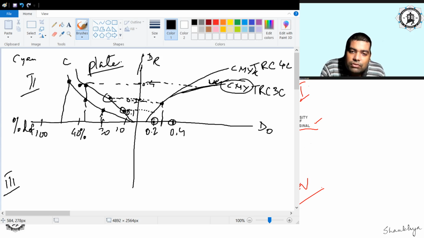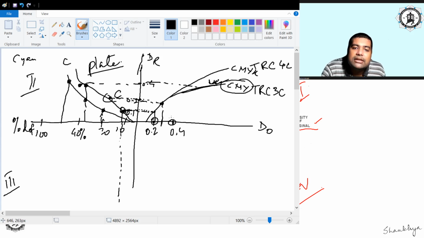So what you do, you just start to move up, then you move leftward. Maybe this is your cyan plate, you hit this particular plot. Then as soon as you hit this plot, you go down and continue this line.